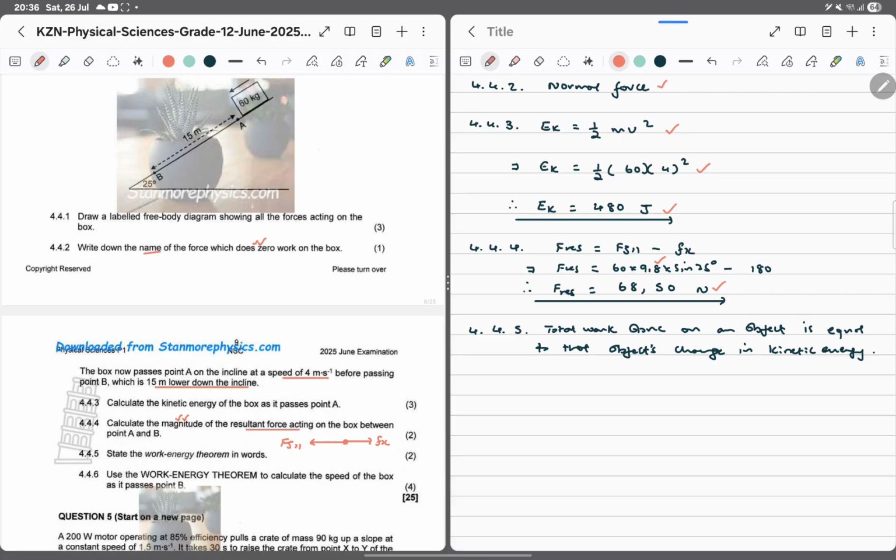This is again one of those easy, that the work done should be the total, right? And we're talking about the change in kinetic energy, so this is what is key here.